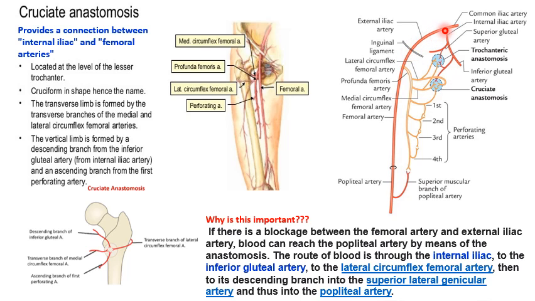Then the blood flows via the internal iliac artery, the inferior gluteal artery, the descending branch of the inferior gluteal artery, then the transverse branch of the lateral circumflex femoral artery, then the descending branch of the lateral circumflex femoral artery, then with the lateral superior genicular artery, then to the popliteal artery. So that's how the collateral circulation is maintained via this cruciate anastomosis.